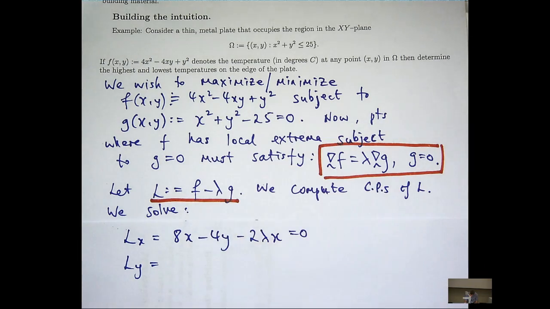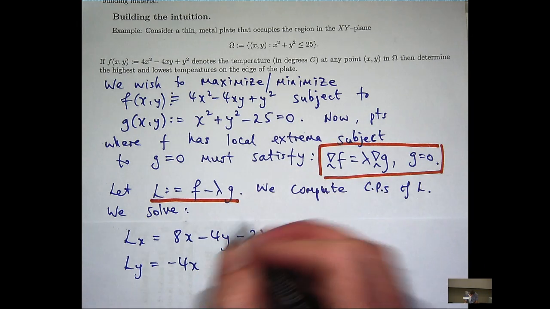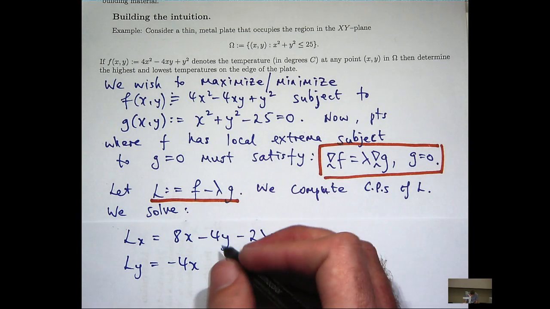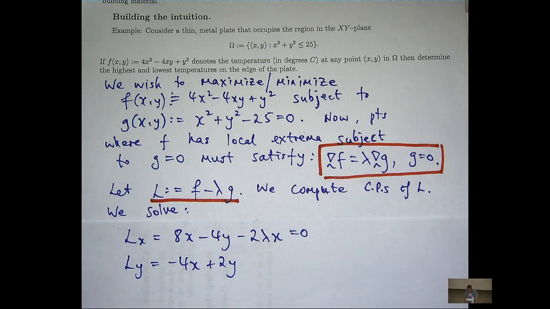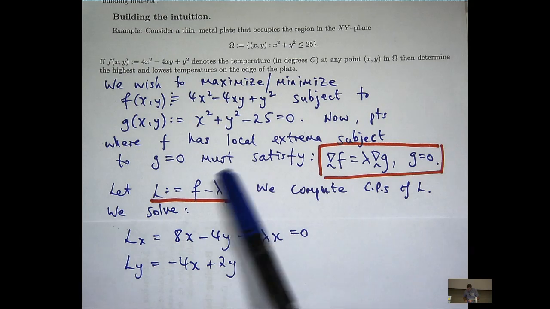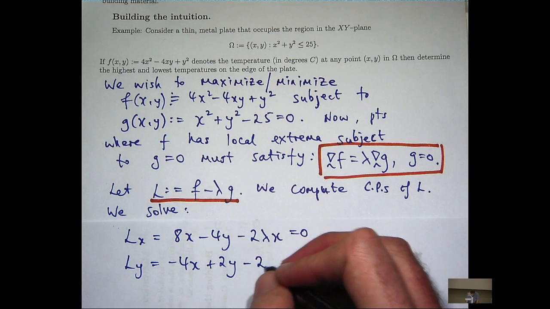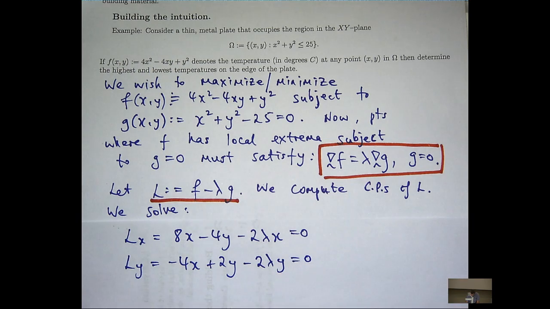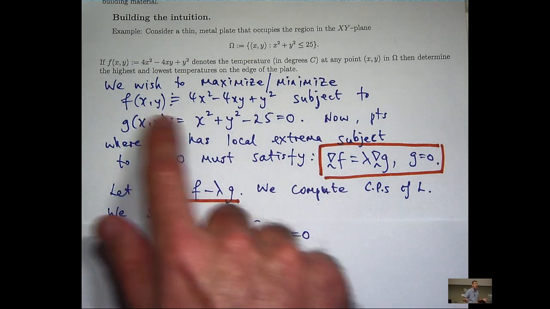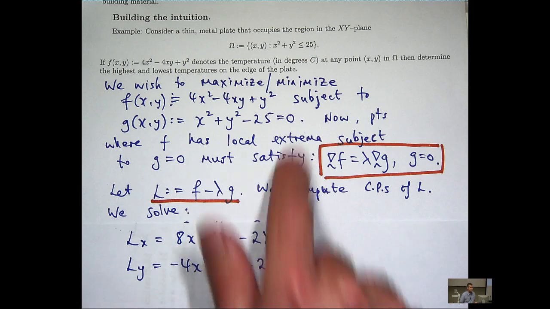So dL dy is going to be something like minus 4x plus 2y, and then when I differentiate this with this as my g, I'm going to get a minus 2 lambda y equals 0. Okay, so there's two equations. Remember, I've still got my other equation, g equals 0, up here. So I've really got three equations and three unknowns.